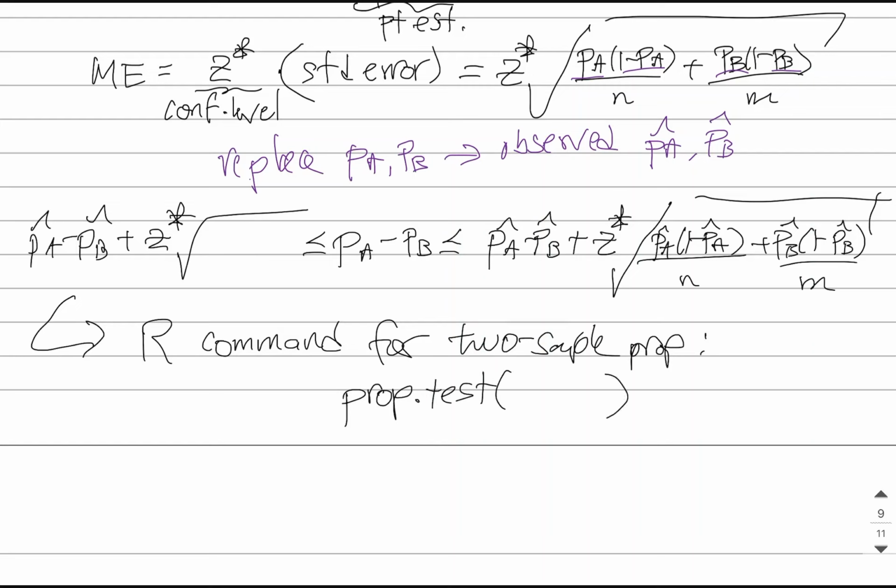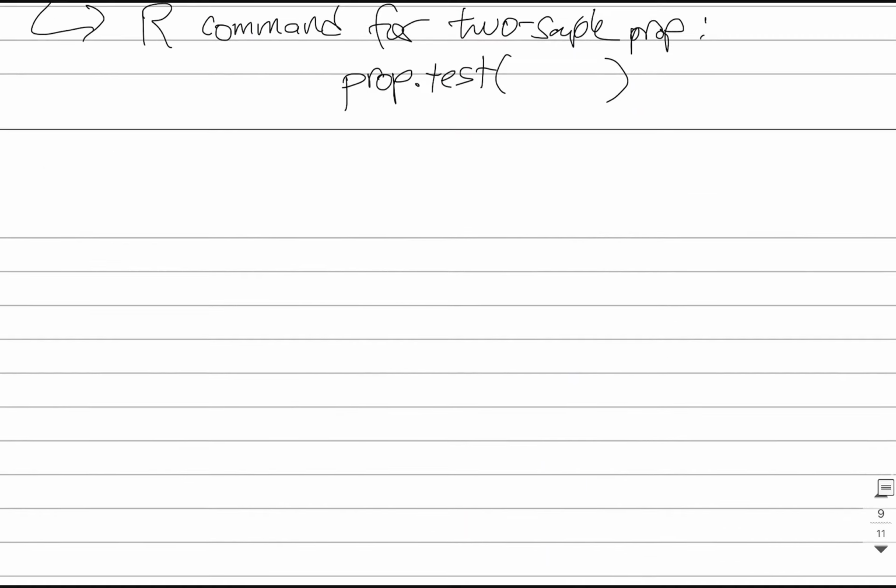I'll give you instructions on how to use it, but what's strange is that it will give you the same results that we get from our formulas for a two-sample problem, but not for a one-sample problem. So in the one-sample problem, the formulas we develop don't have an automated version in R. You could just use the proportion.test command for the one-sample case, but it won't give you the same results as your formulas, which is really annoying. Nonetheless, we'll go from there.